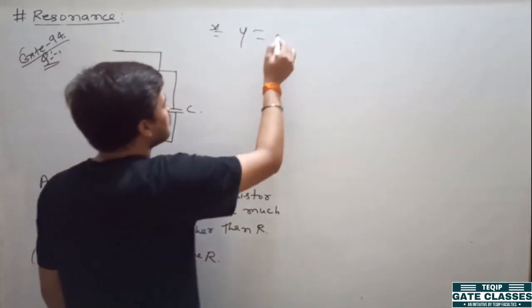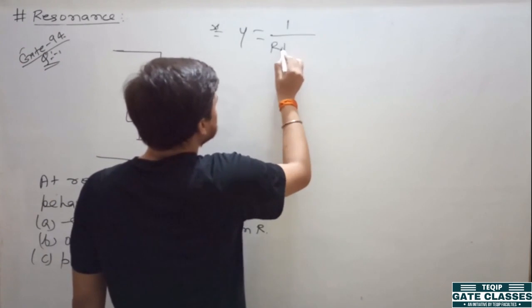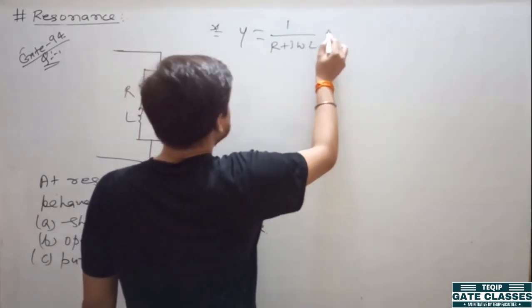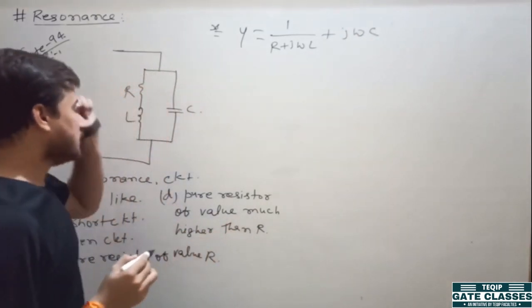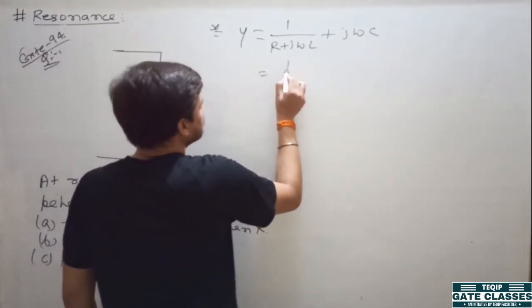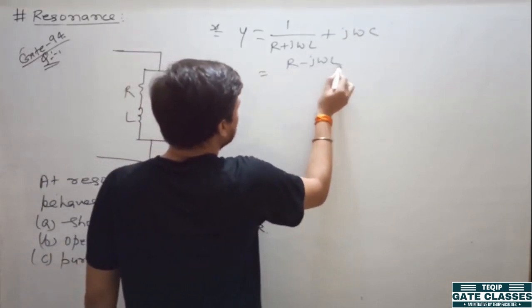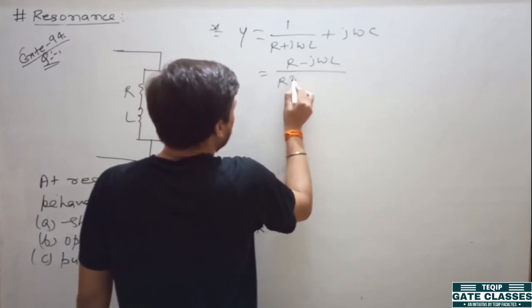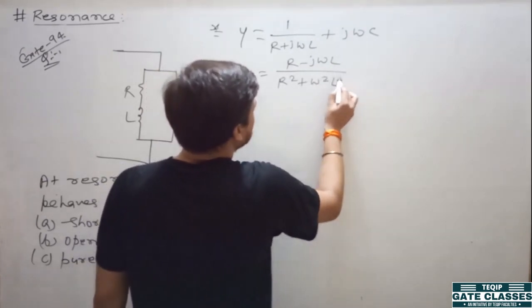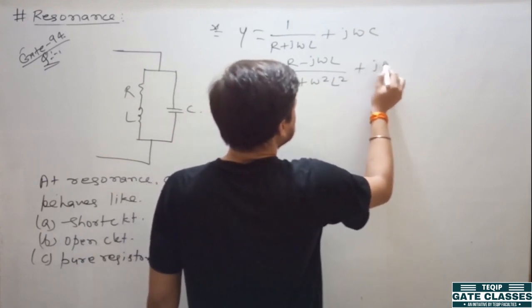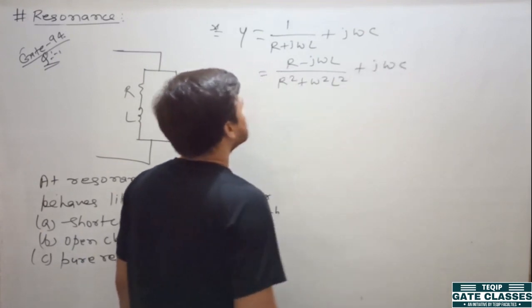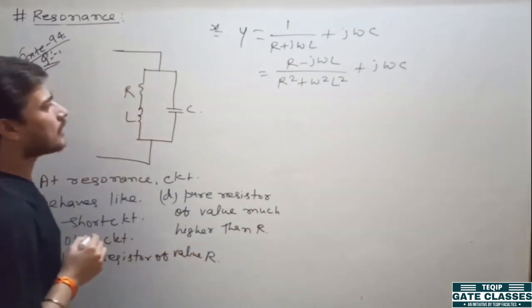So here it will be 1 upon R plus j omega L, plus j omega C. From here you get R minus j omega L divided by R square plus omega square L square, plus j omega C.